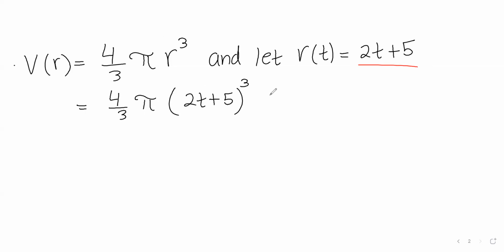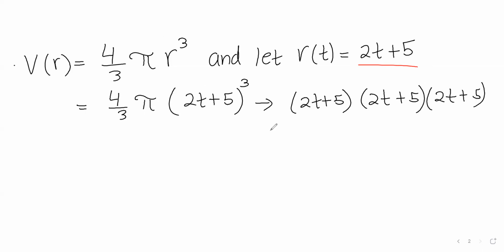And that's simplified. I could leave it in that form, but if you wanted to FOIL it, I could represent this as 2t plus 5 times itself 3 times. Foiling the first two binomials, I get my first times my first, 2t times 2t is 4t squared.